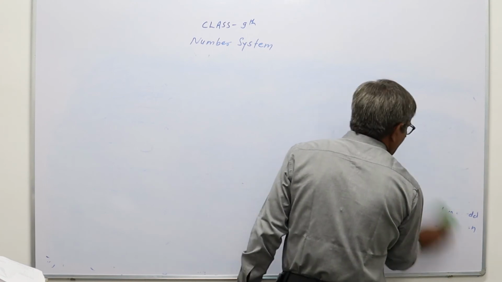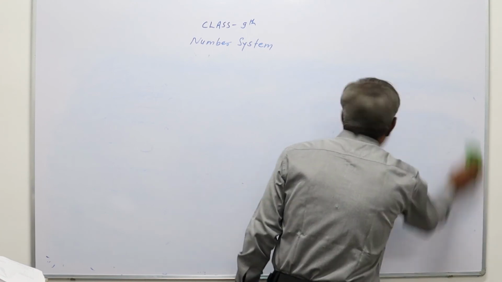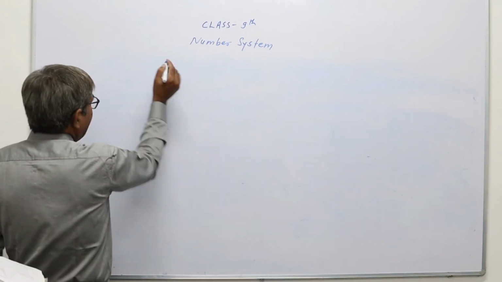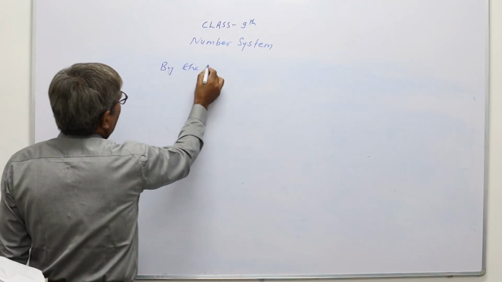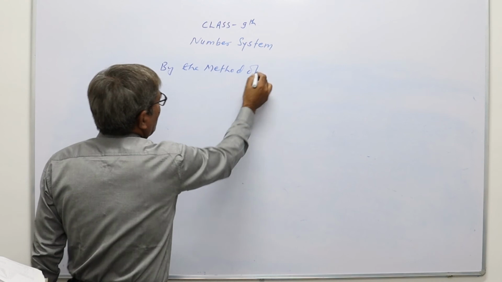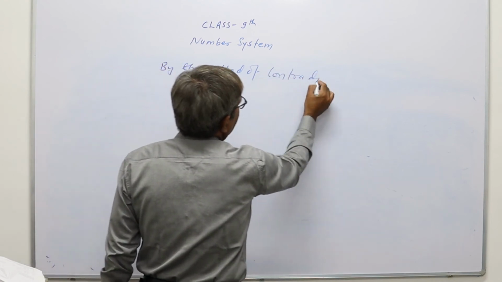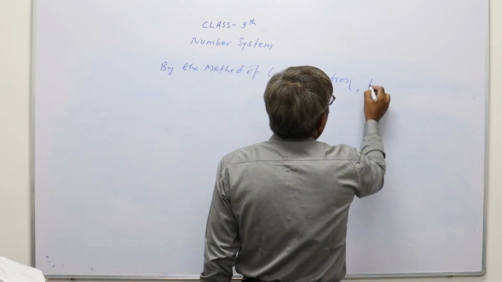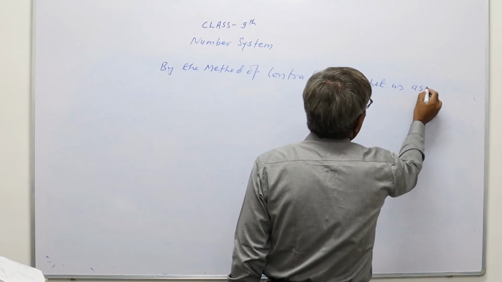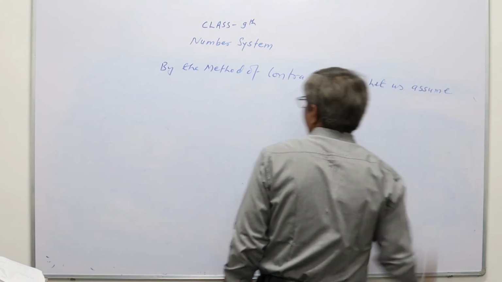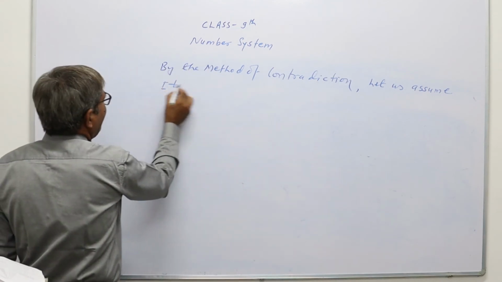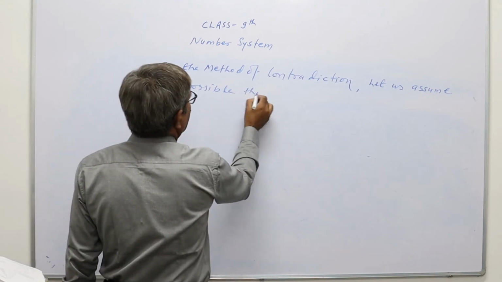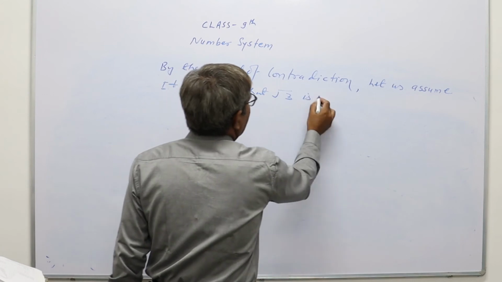By the method of contradiction, let us assume, if possible, that root 3 is rational.